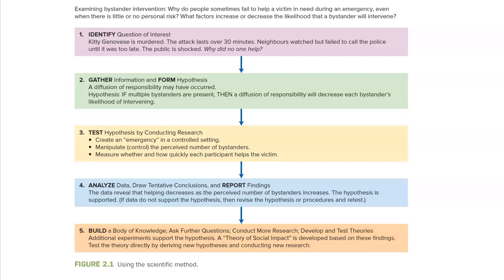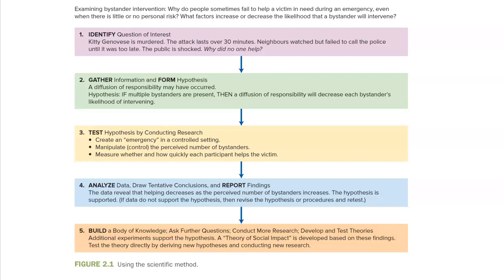So then they're going to test the hypothesis. Obviously we don't want to actually hurt people, so they needed to find a way to safely test this hypothesis. They wanted to manipulate people.